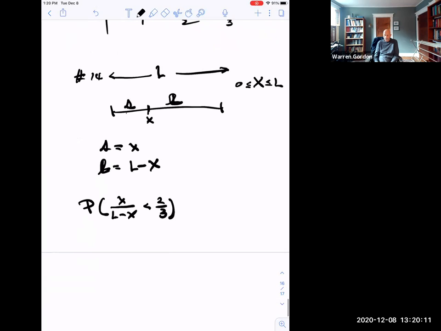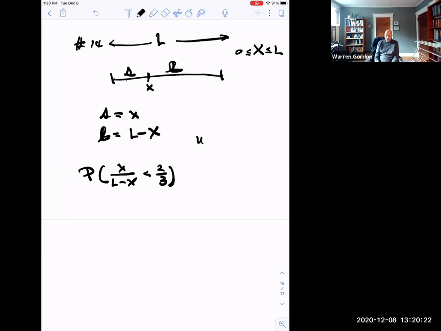We're assuming, of course, that a point chosen at random on this line is uniform. So this is a uniform distribution.